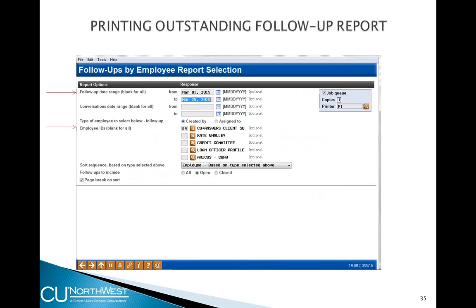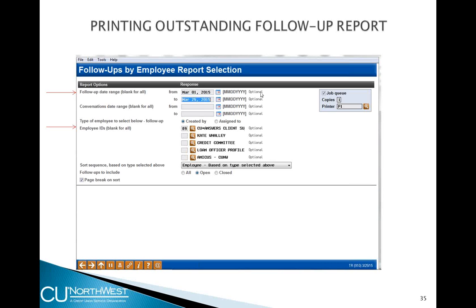So then once you access that menu, MNTRAK number 20, your screen is going to look exactly like what you see present on my webinar screen. It's going to request your date ranges, your employee IDs, which follow-ups to include, etc. So once you have established what criteria you want, you would just press Enter, arrow forward.